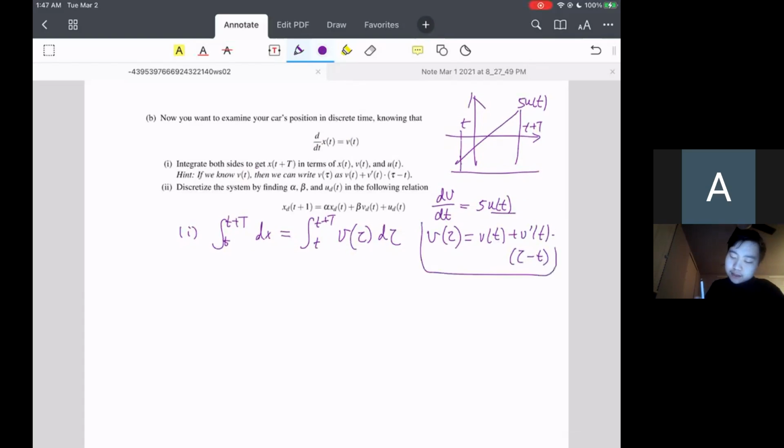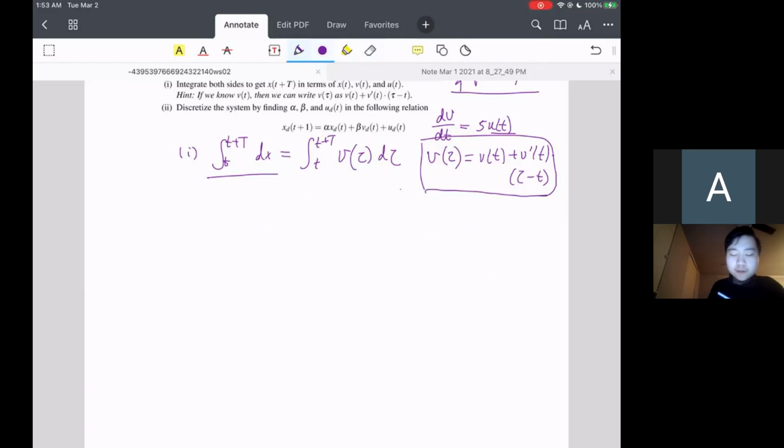This is not something that's generally true. In later sections within 16B, you'll see techniques like this used to approximate the value of v of tau, but they're not equal. In the context of this question, since the derivative is always constant, we know that these two values are just the same.